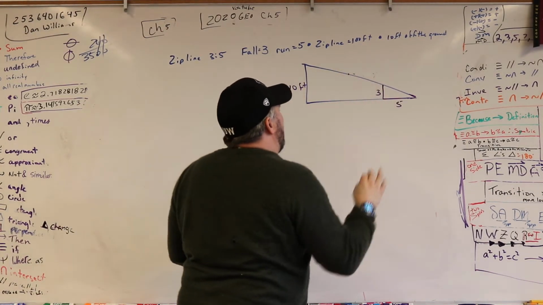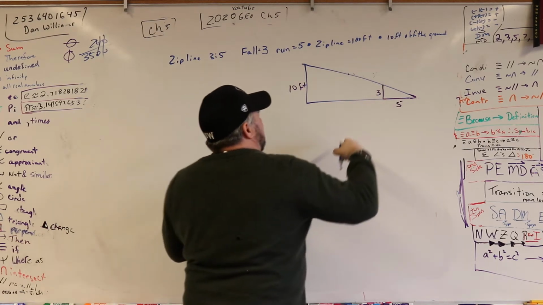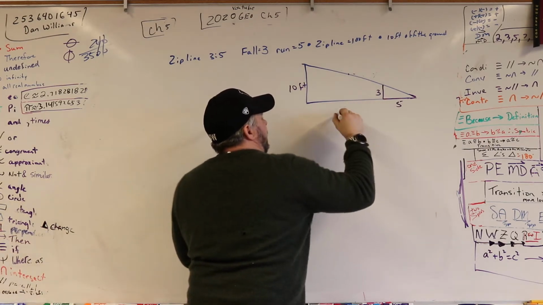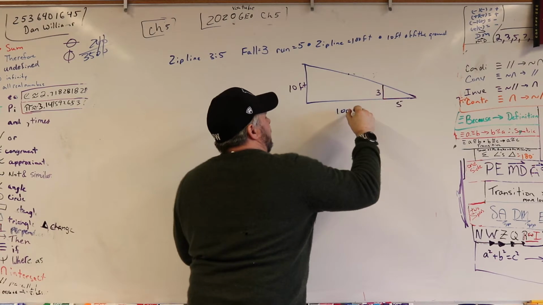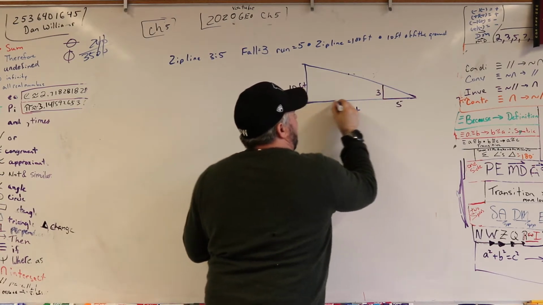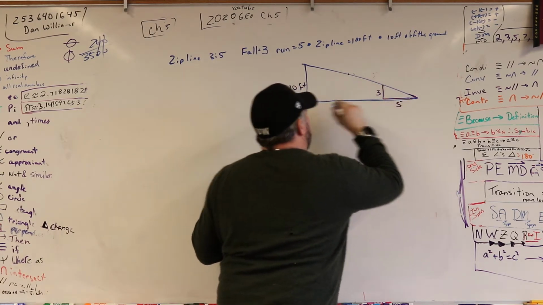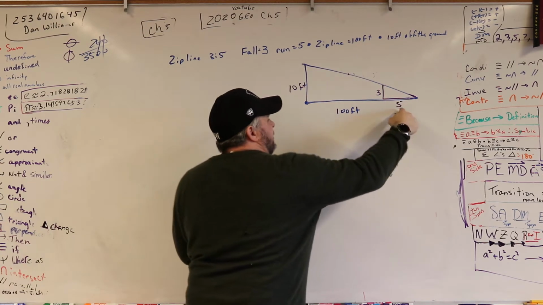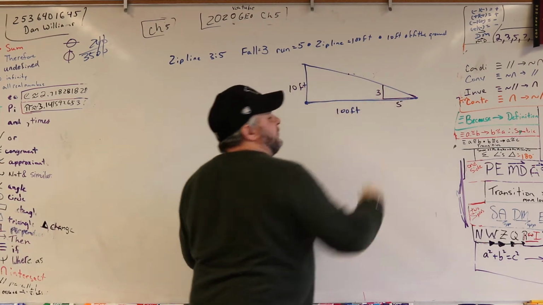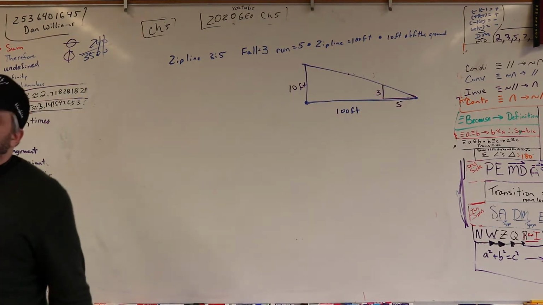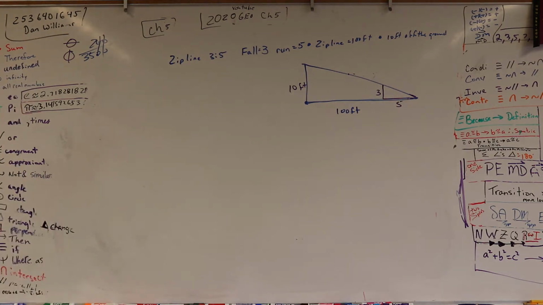I think what they wanted was 100 feet to the bottom of that zip line. Does that make sense? So now it's 100 to 5 and 10 to 3. Okay? I think that's what they wanted. But that's not the same ratio. That doesn't work.